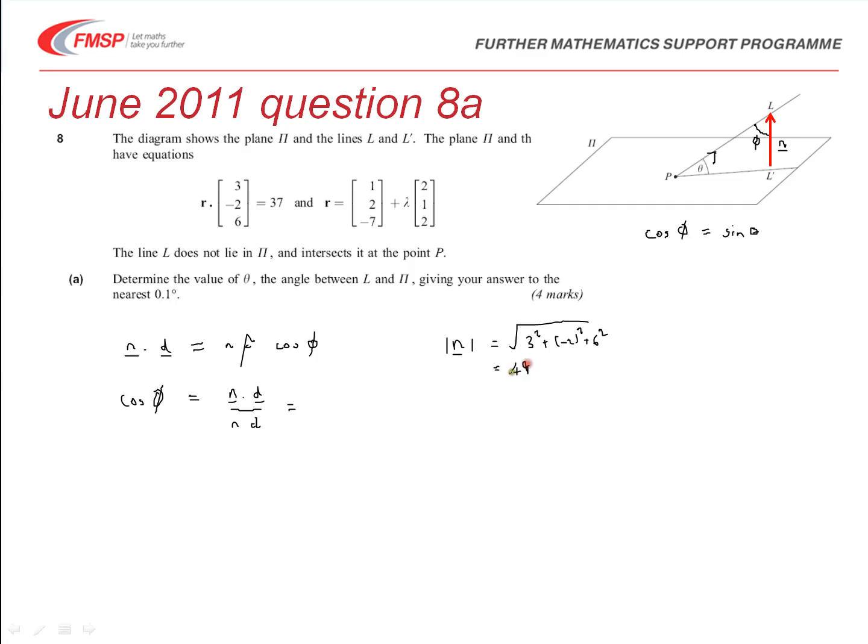So that's the square root of 49, which is 7. And similarly, the length of d will be equal to the square root of 2 squared plus 1 squared plus 2 squared, which of course is 9, and the root of 9 is 3.